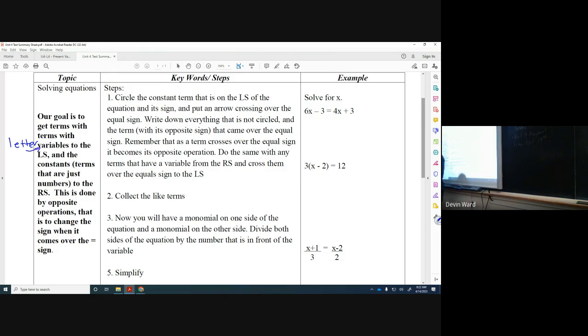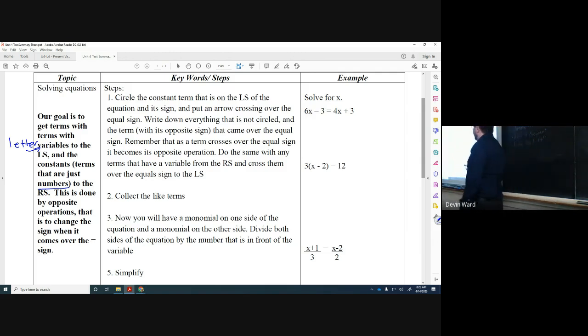Variable just means it's a letter, it can be X, A, B, whatever. We want to get all those to the left side, and then get all the constants, so terms that are just numbers, to the right side.